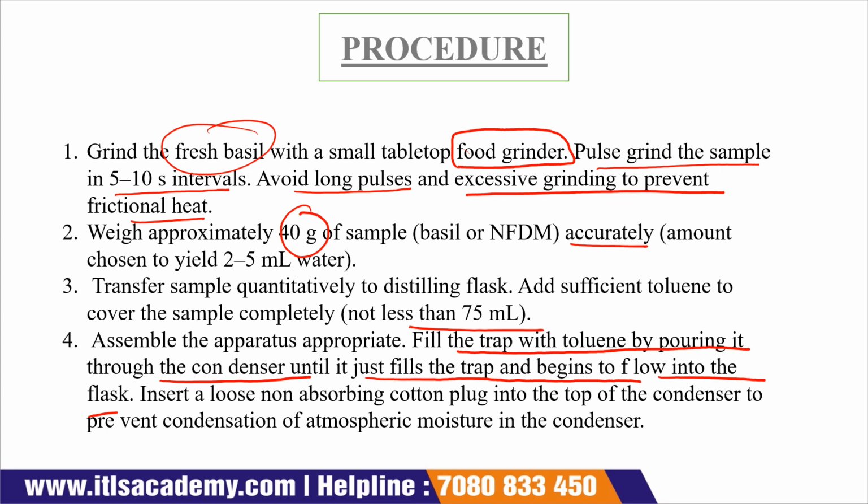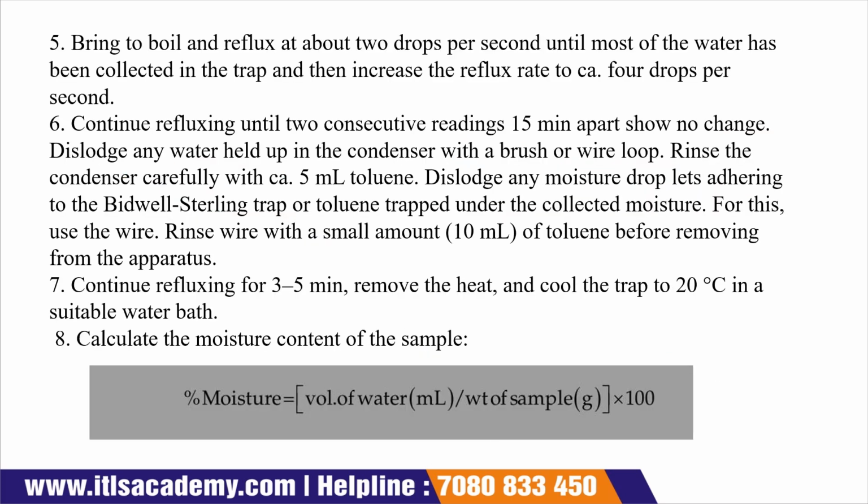Then we have to insert a non-absorbing cotton plug at the top of the condenser so that condensation of atmospheric moisture in the condenser is prevented. Now we have to boil the material to the boiling point and reflux at about 2 drops per second until most of the water has been collected in the trap, and then increase the reflux rate to 4 drops per second.